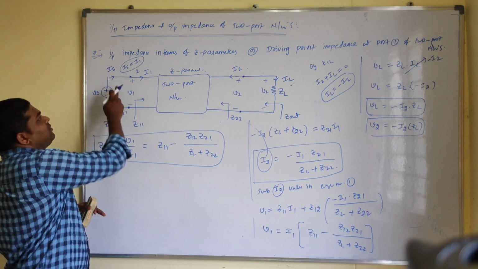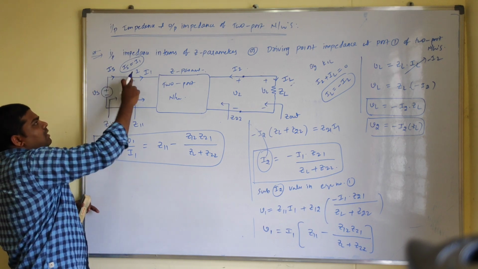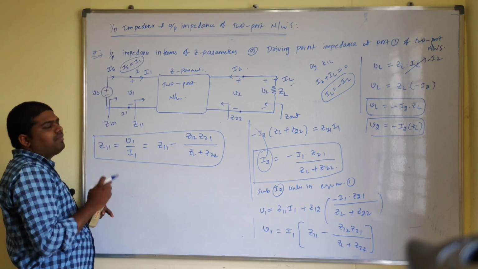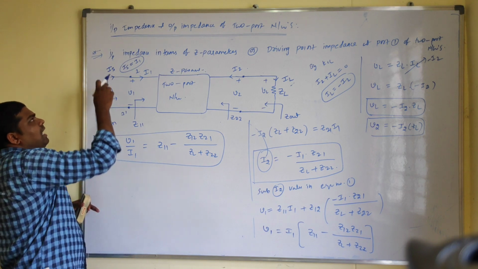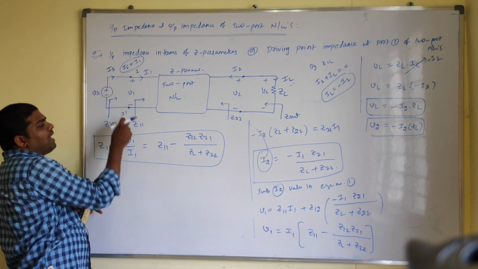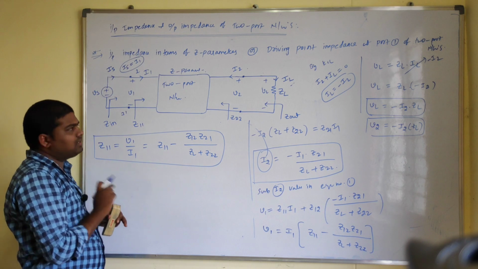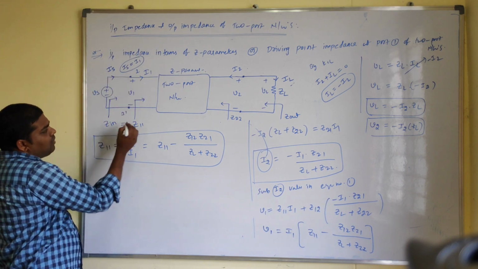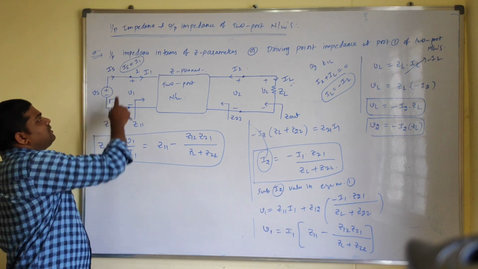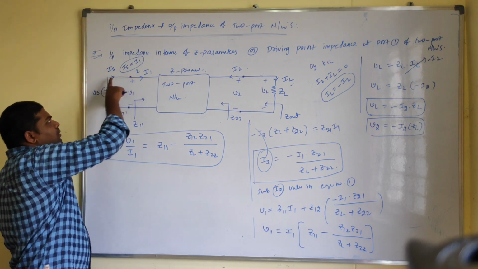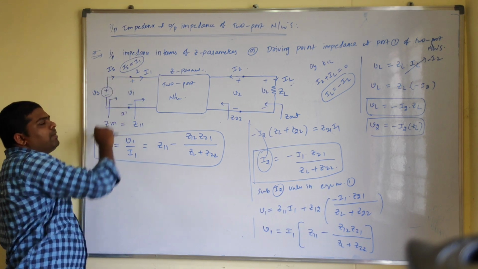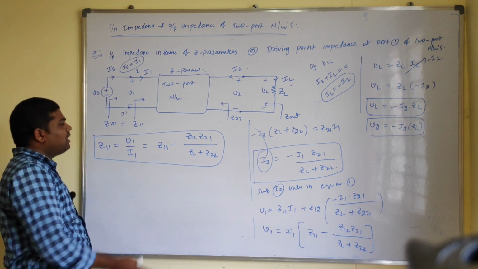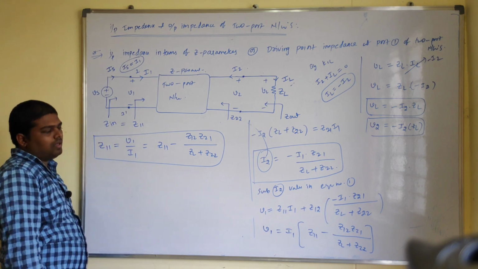If you have certain elements in between this portion and this portion, definitely that impedance value should be added to this Z11. In this situation Zin equals Z11, because from here to here we don't have any elements in between. So Zin equals Z11.